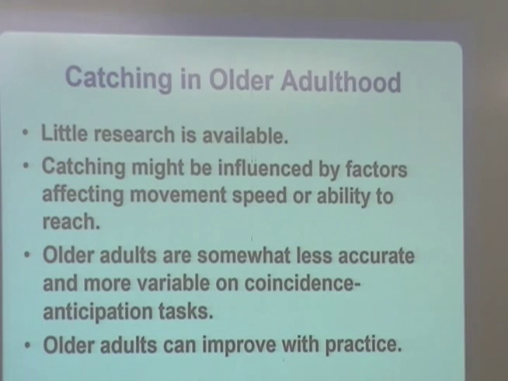Given that they have that experience, so they kind of know where they're meant to be, the problem becomes, I can't move, I've hip flexibility or leg strength, or I've got arthritis in my knee. So now we see lower scores when we score these types of skills, but it's more to do with the fact that I can't get there in time, not I don't know where I'm supposed to be. Does that make sense?